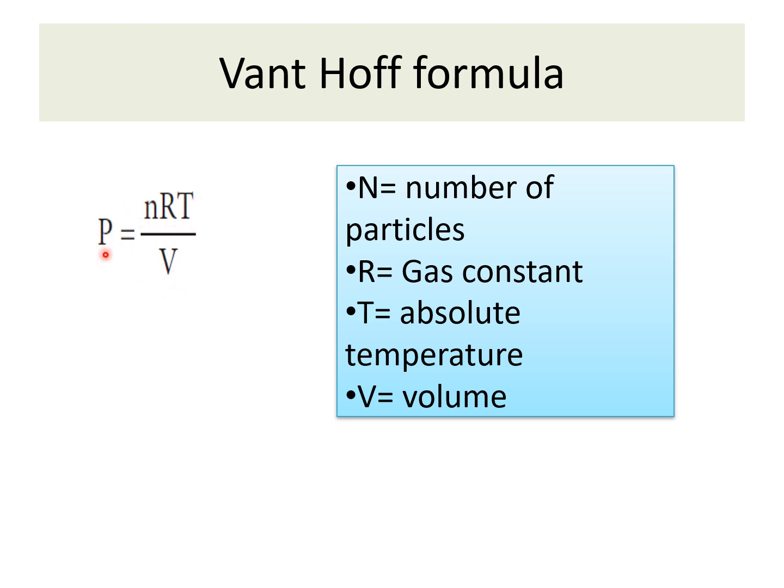We can also write n by V as C. So P is equal to C, the concentration of the particles. What type of particles? That is, osmotically active particles per unit volume of solution. So now we must know how we can express the concentration of osmotically active particles per unit volume of solution.